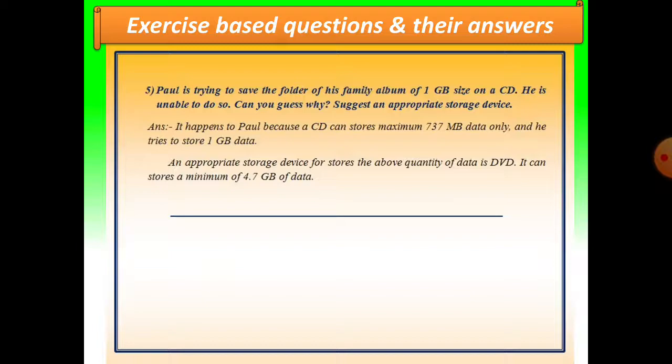And the answer is, it happens to Paul because a CD can store a maximum of 737 MB data only, and he tries to store 1 GB data. An appropriate storage device for storing the above quantity of data is DVD. It can store a minimum of 4.7 GB of data.